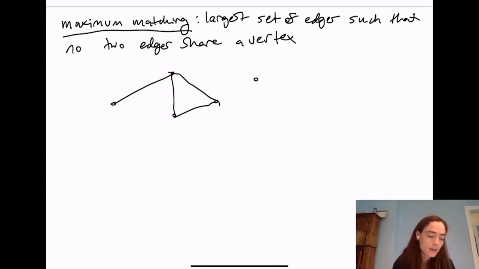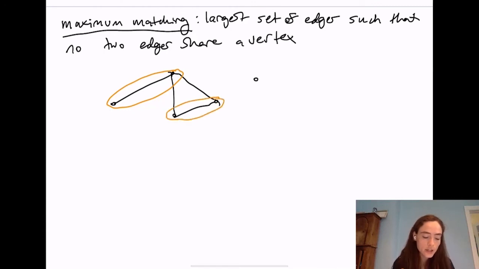So maybe there's a different way to do it. If we choose this edge to be part of our matching instead, we can see there's another edge here that, again, is a set of two vertices that are connected by an edge that don't share a vertex with what is previously in our matching.